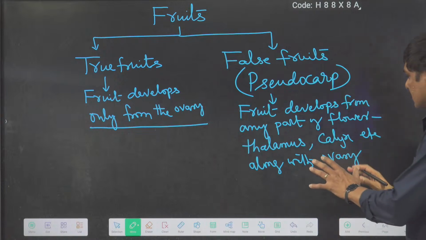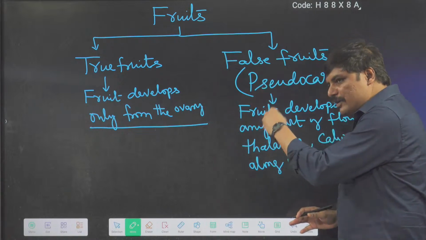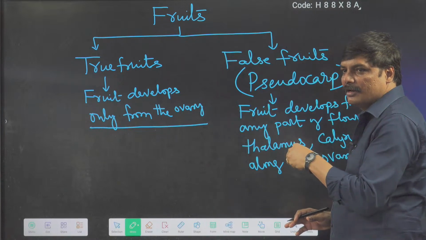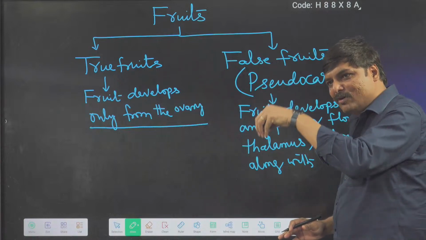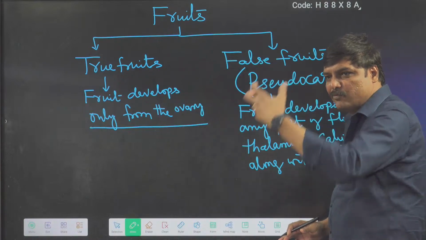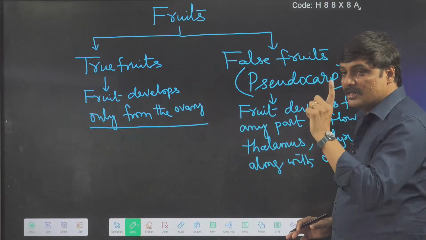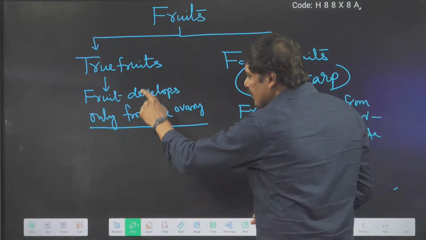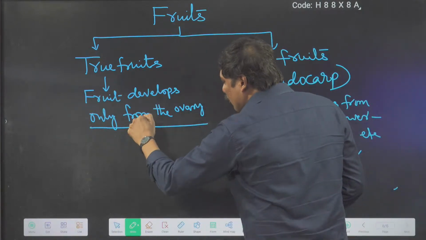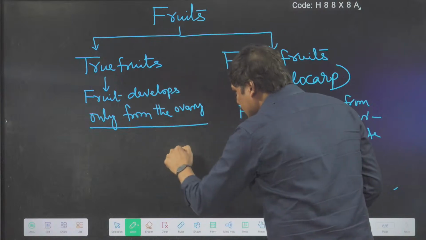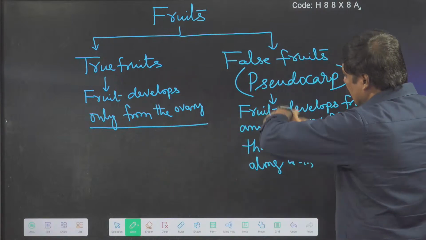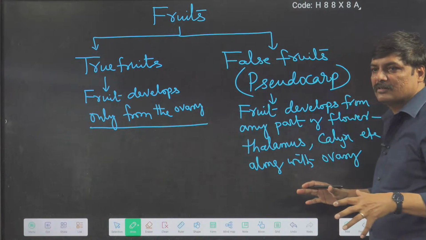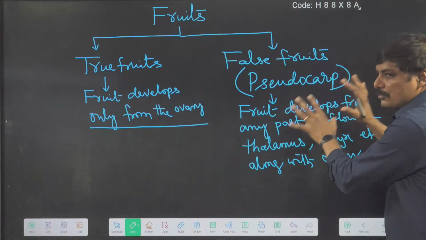That means along with the ovary, other parts are also involved in the formation of the major fruit, and such fruit is called false fruit. In a true fruit, the fruit is developed only from the ovary. Here along with that other parts are also involved. Then it is called false fruit.